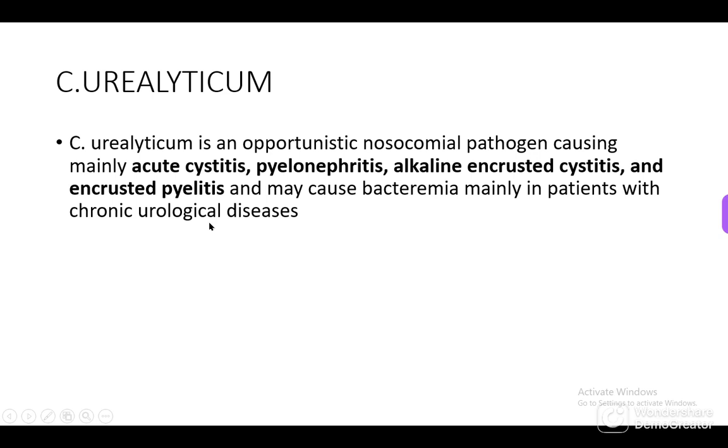Manipulations are done with tools, you are using catheters and other things. It can cause this because it is around the genital area as a commensal; it will go inside and become pathogenic. It can cause cystitis and pyelonephritis and so on. Corynebacterium urealyticum is another species which is important.